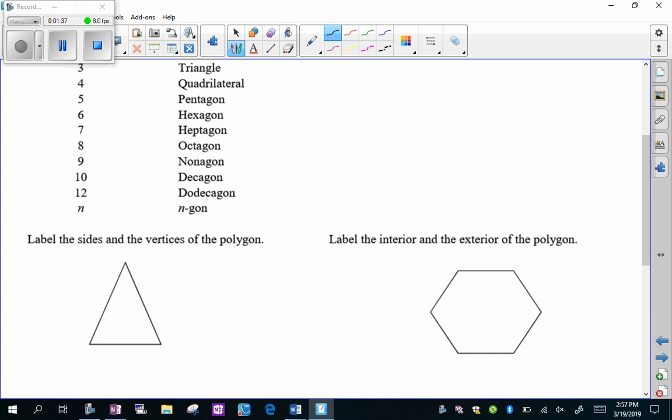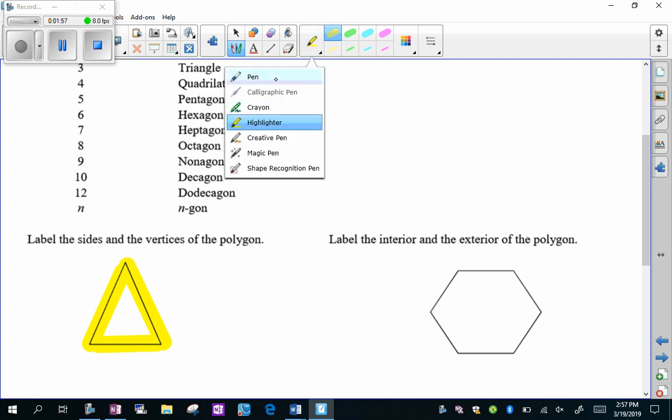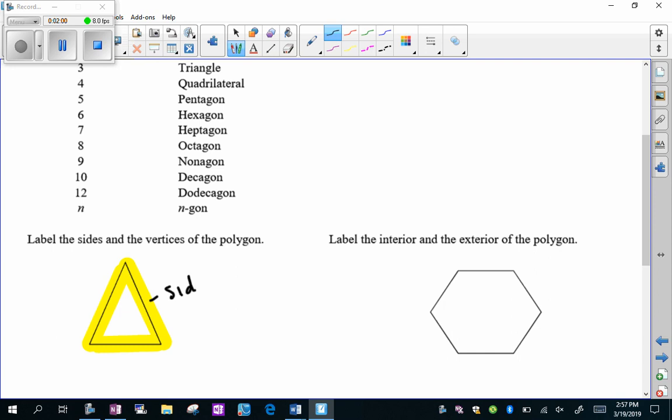Next, what we want to do is we want to label the sides and the vertices of the polygon. Well, this, again, is just taking us back, and it's just a review. We know that the sides of the polygon, especially for a triangle, are here in yellow. Those are our sides. So we're going to label them. And then our vertices are where those sides meet, the point where they meet.